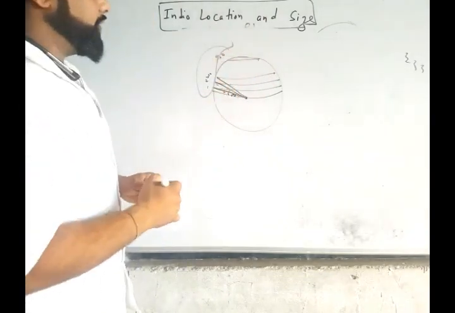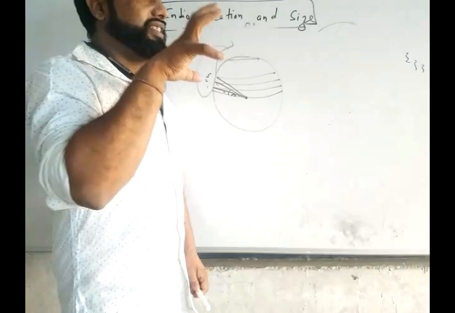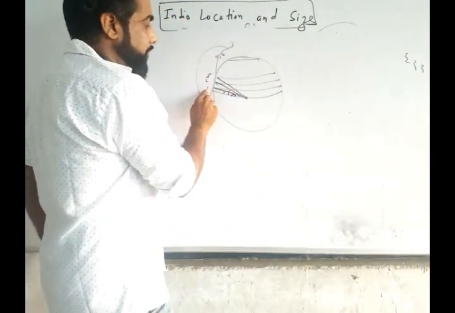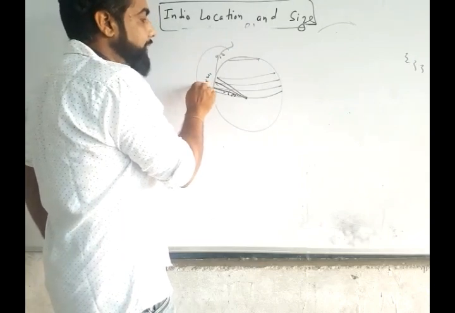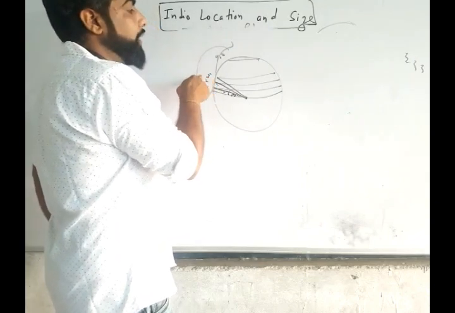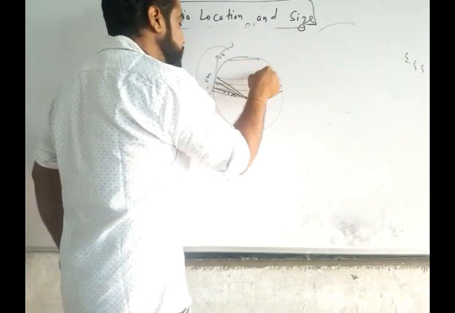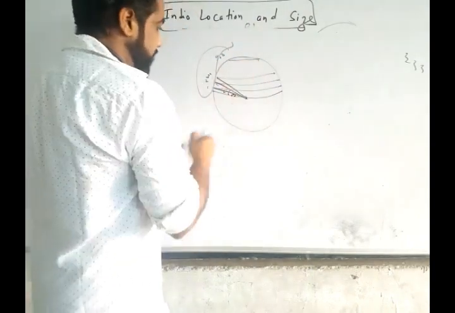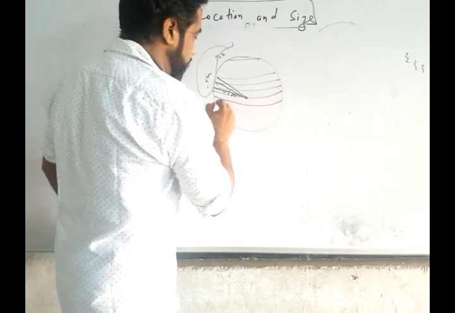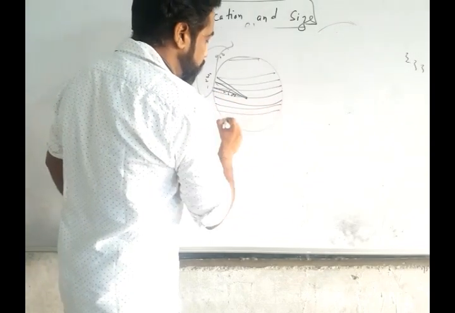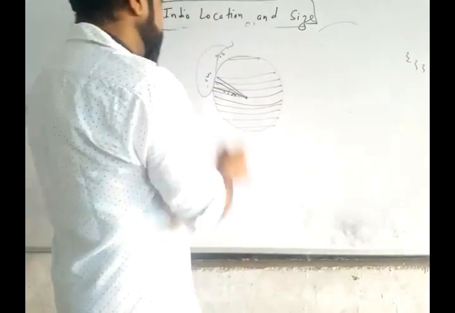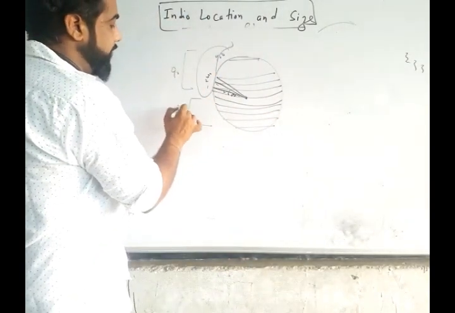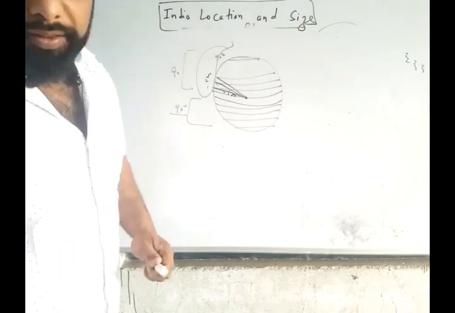When you see your globe, you analyze that the first line is at 1 degree, second line is at 2 degree, third line at 3 degree, fourth line at 4 degree, fifth line at 5 degree. Similarly in the lowermost part, 90 degree in the northern part and 90 degree in the southern part.